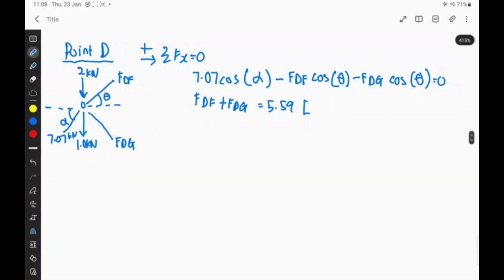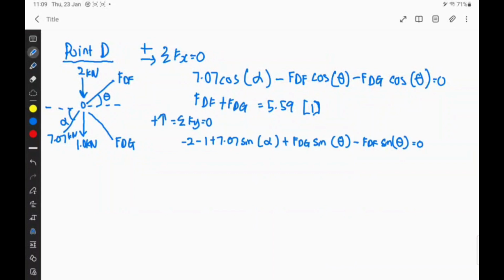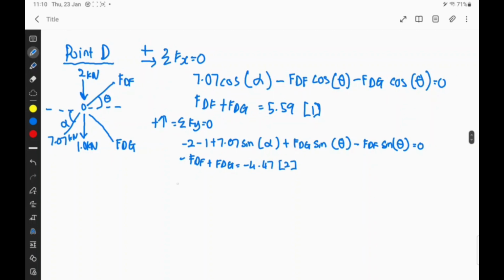This is equation 1. This is sum Fy. So we got negative FDF plus FDG equal to negative 4.47. So the answer is FDF 5.03 kilonewton compressed and FDG 0.56 kilonewton.